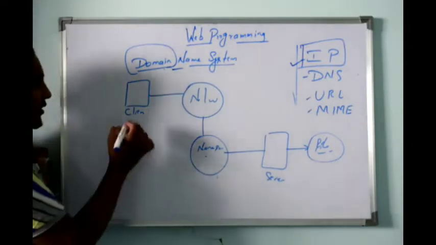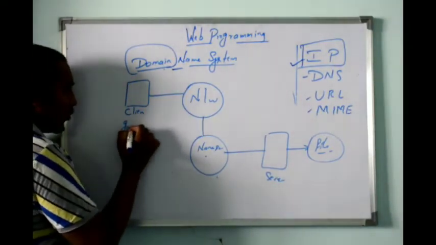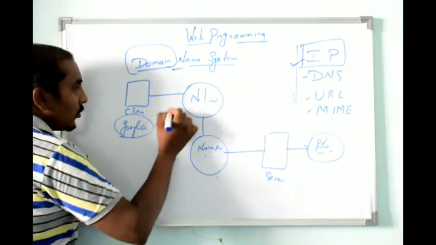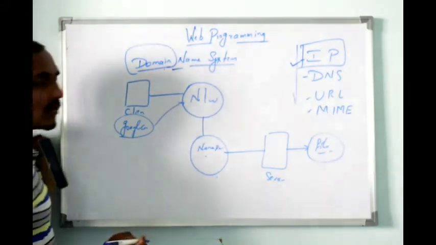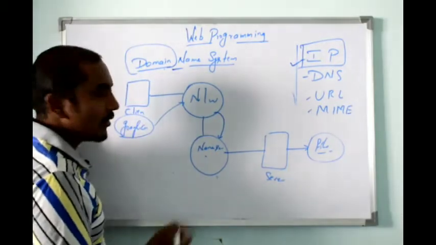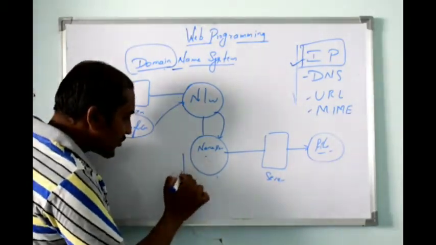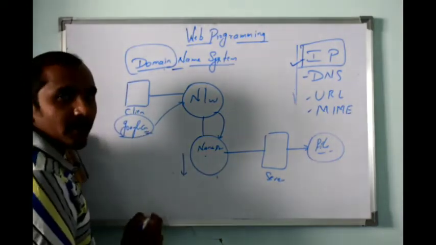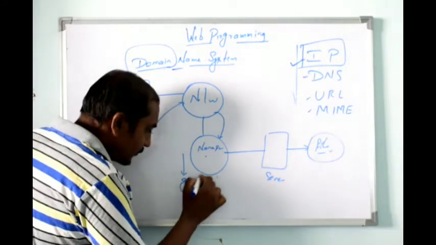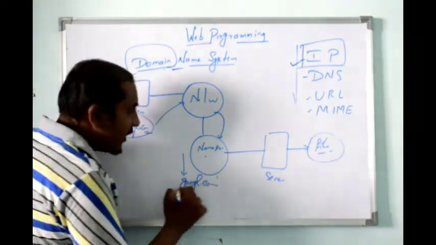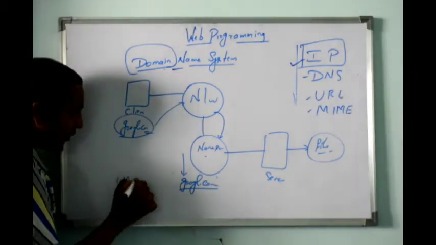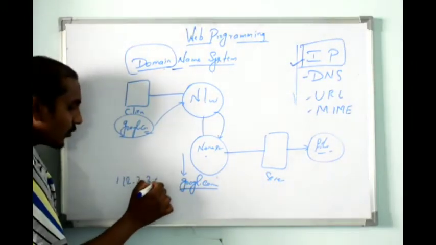Say, if I just write google.com, this information is first sent to the network. From the network the information is sent to the name server. In the name server we'll have the list of details regarding google.com. So when I write google.com, we have some IP address for it, say for example 11 or 2.3.4 or something like that.